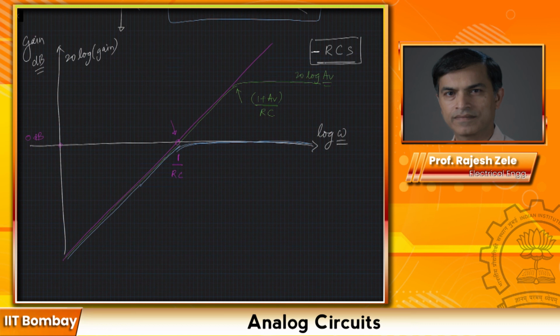The blue part is going to be your RC differentiator, this would be your op-amp differentiator, and the magenta would be the ideal differentiator. Okay.